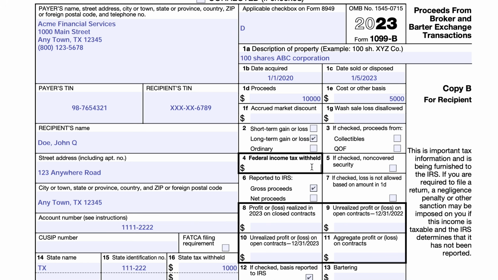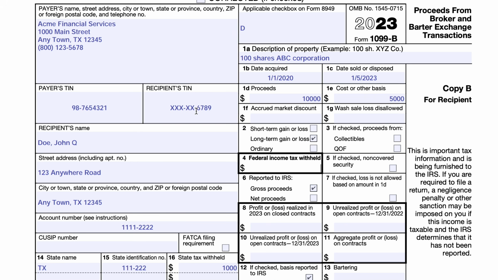Box 4, federal income tax withheld. In this case, it's blank, but you can voluntarily withhold taxes if you give directions to your brokerage or your barter exchange, or if you do not file Form W-9, which gives the reporting institution your taxpayer ID number. Or if it's the incorrect taxpayer ID number, then you may be subject to backup withholding rules.